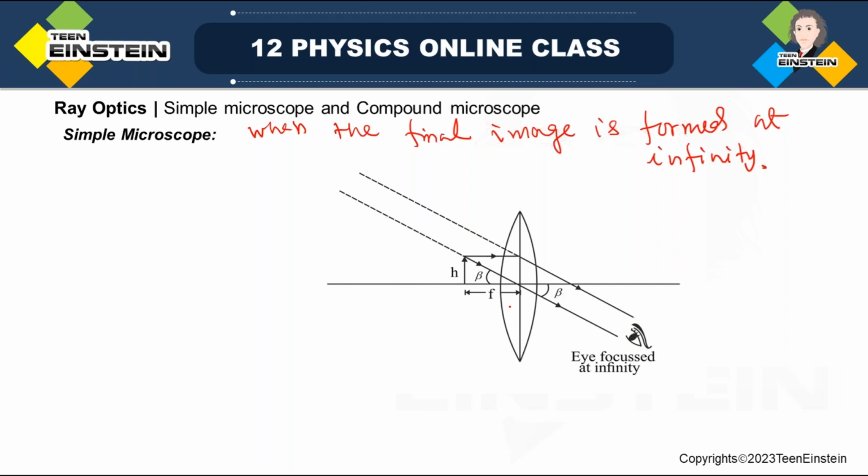Sometimes the eye gets strained when you see an image at the least distance of distinct vision. When you see an object at a large distance, our eyes are relaxed and it is easier to view the image. So for that case, we have to set our microscope in such a way that the image is formed at infinity.